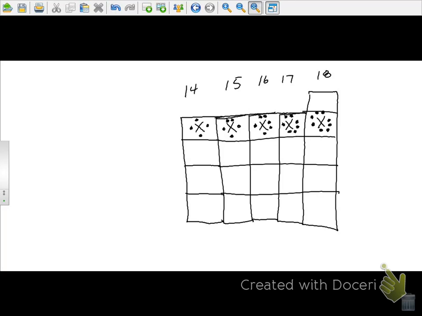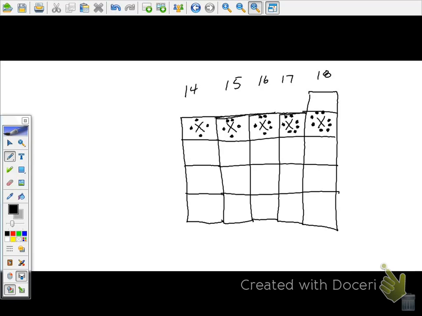So that's where it can form that extra bond. How about group 16? Can it form? Two. So this one can form a bond right here. This one can form two bonds here and here.